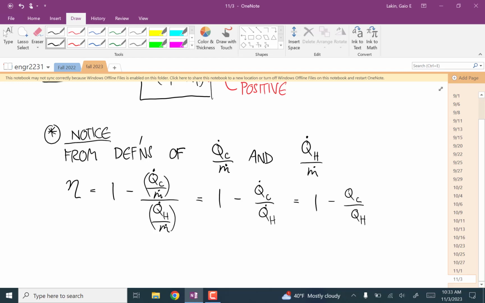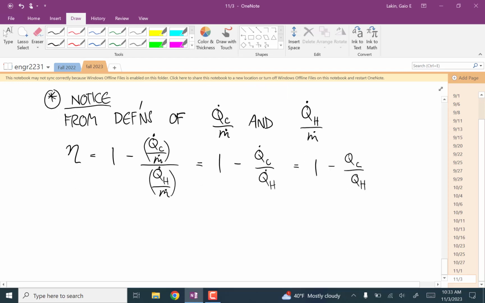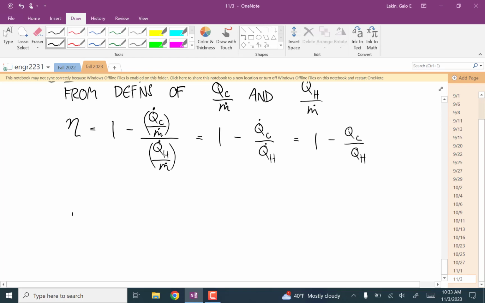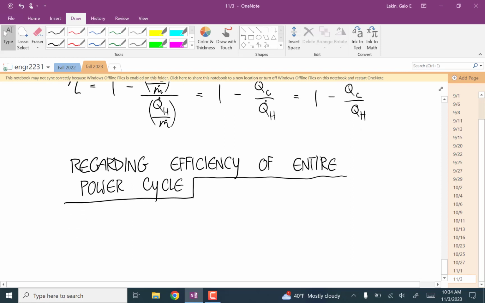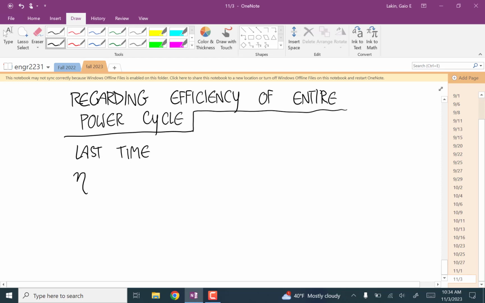Okay. And what can we see from this? So regarding the efficiency of the entire cycle, we had seen it before, but we did the math on it last time, we could write the efficiency as 1 minus the temperature at the condenser divided by the temperature at the boiler.